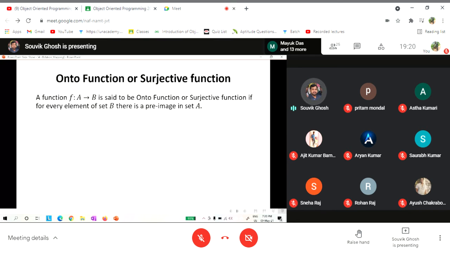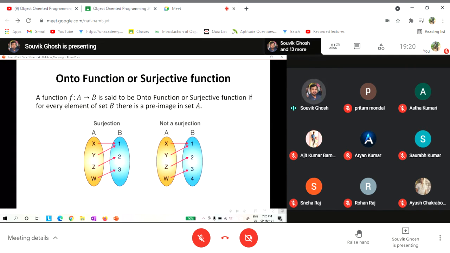The definition says a function f, defined from set A to B, is said to be an onto function or surjective function if every element of set B has a pre-image in set A. That is, every element in the codomain must have a pre-image in the set A. Then it is called a surjective function.